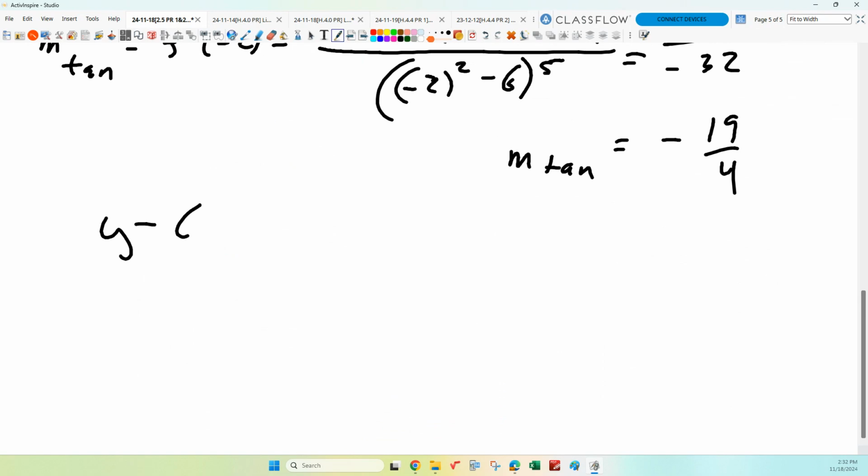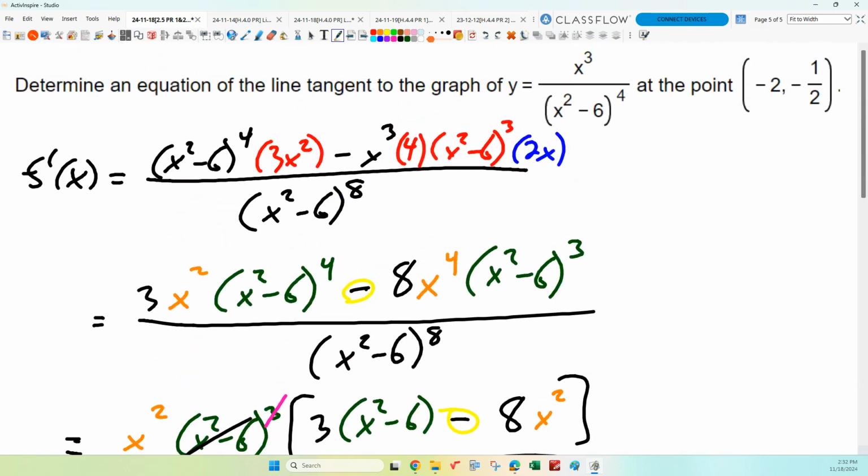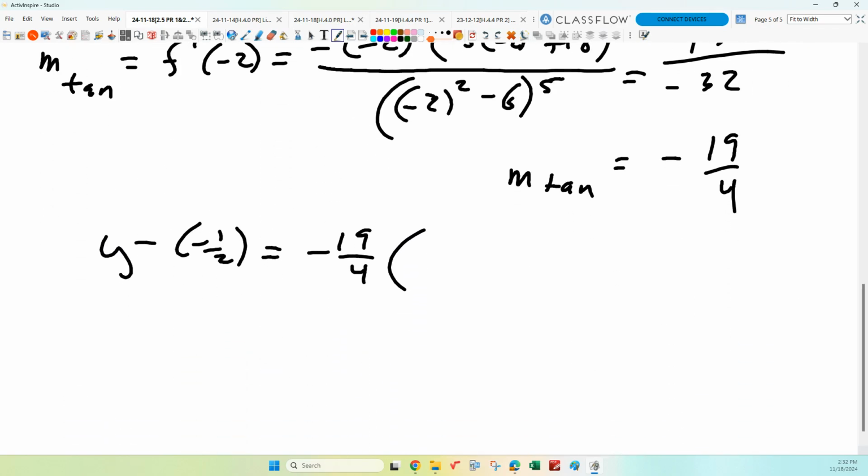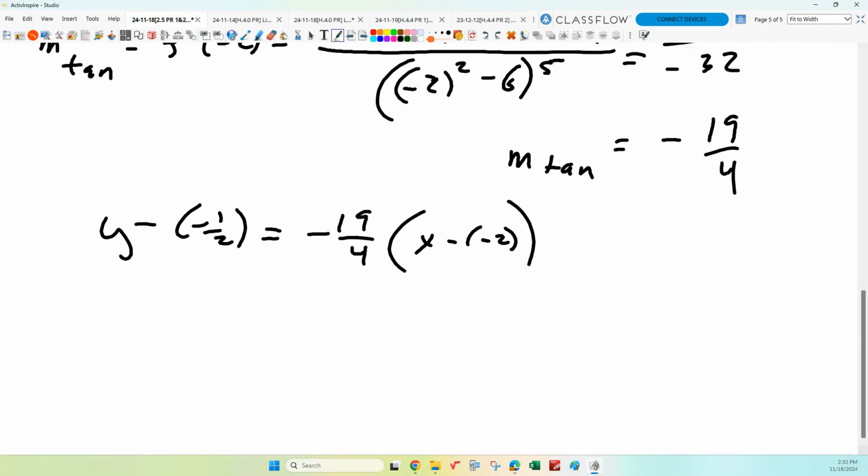So y minus -1/2 equals -19/4 times x minus -2. So y plus 1/2 equals -19/4 x minus 19/2.